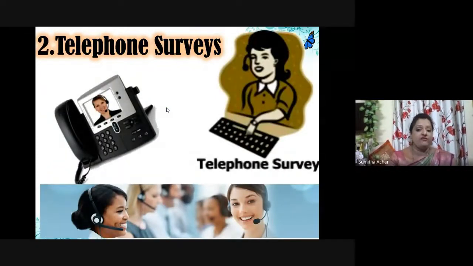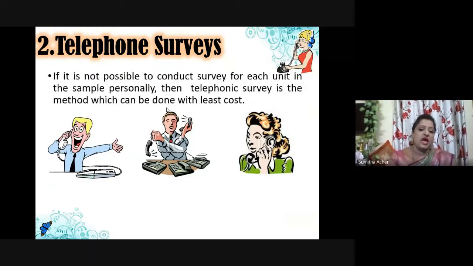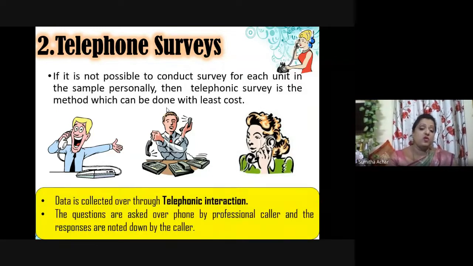Second is the telephone surveys. Definitely, what is the tool that you require? Telephone, right? Telephonic surveys are those where you are not in direct contact with the respondent, right? You're not able to see the respondents. So what can be the basic drawback here?